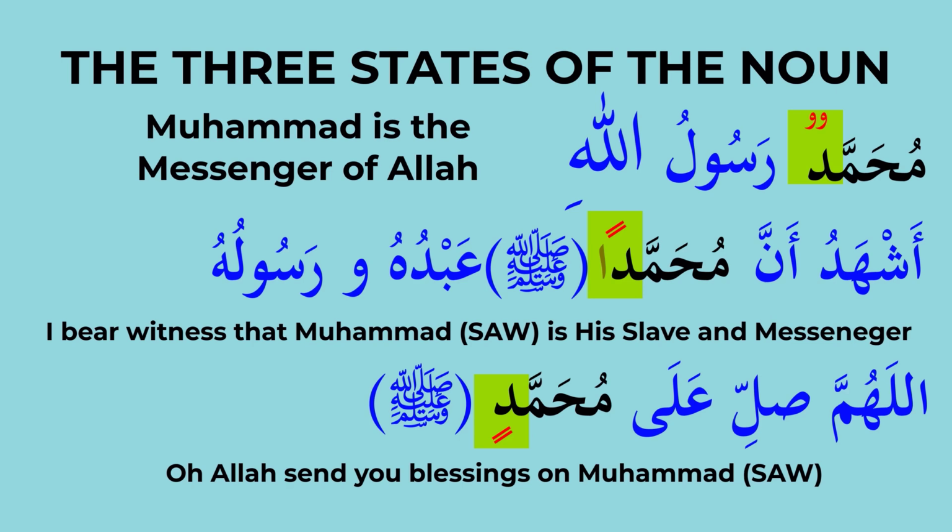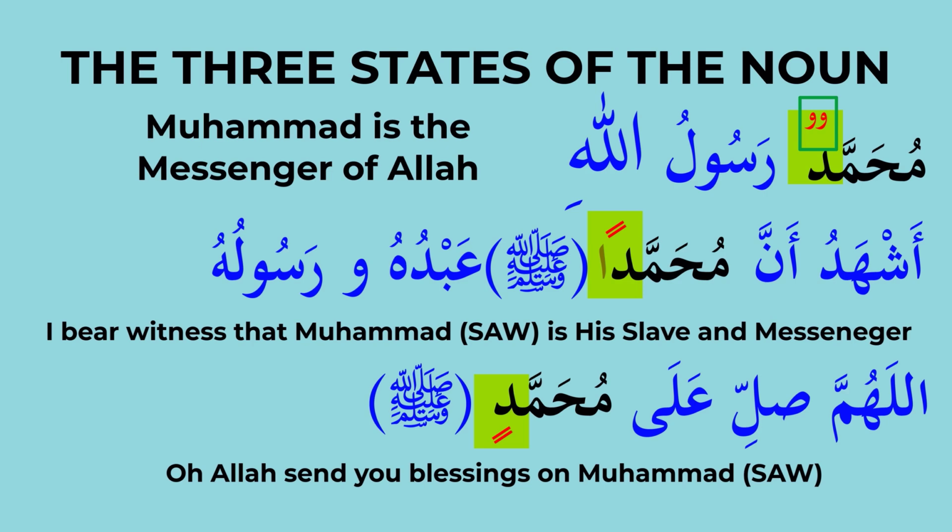What is the rule, brothers and sisters? Arabic nouns decline. They have three different endings. They can end with a tanween dhamma, or with one dhamma if there is al.